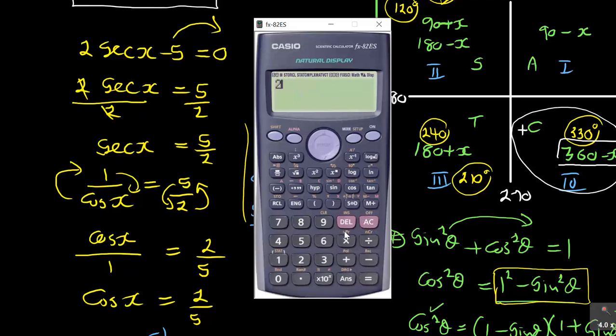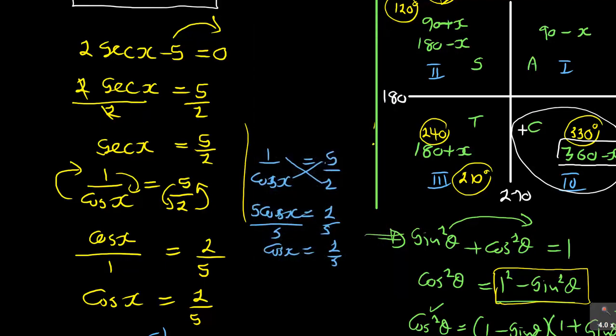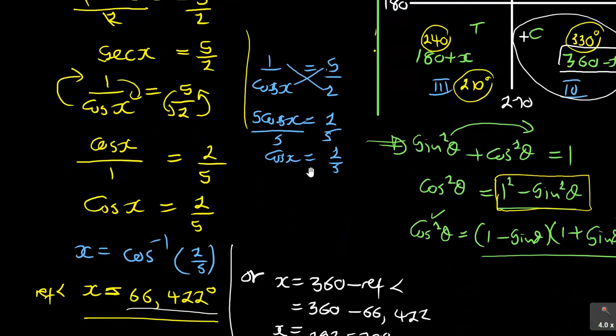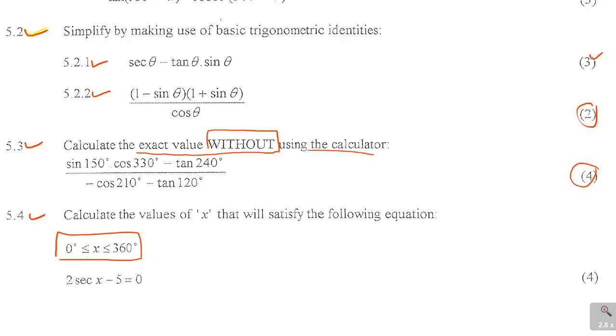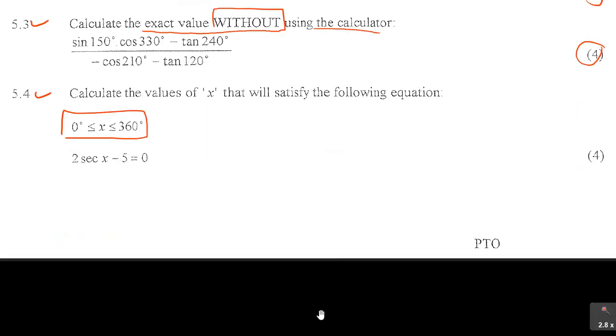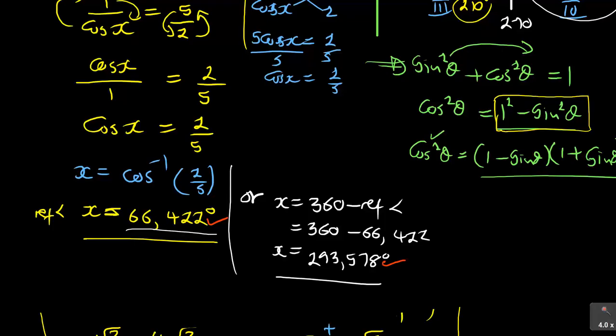So I'll say 2 times 1 over cos answer, minus 5, it must give me 0 again, which means my two values of x are correct. That is how you justify your answer being that or that. Remember there must be two answers using a CAST diagram. Okay, we are done with that part.